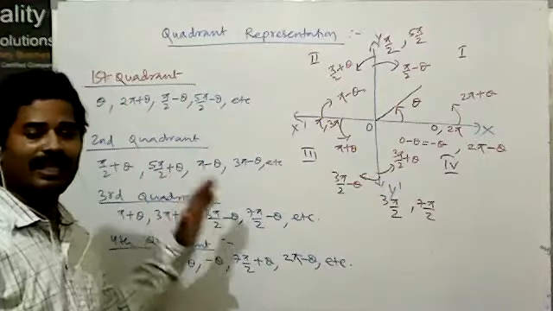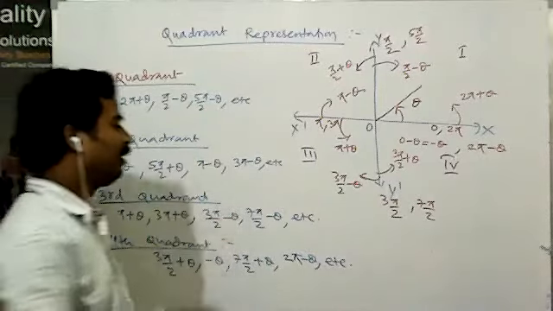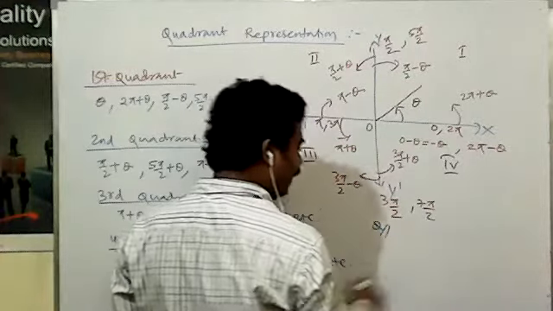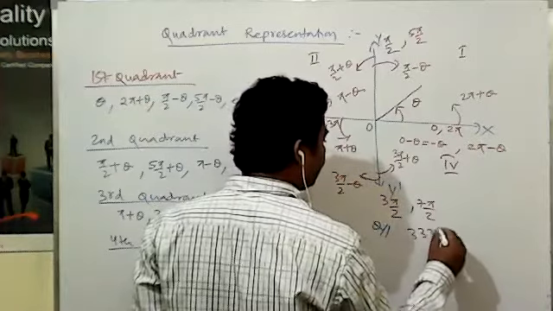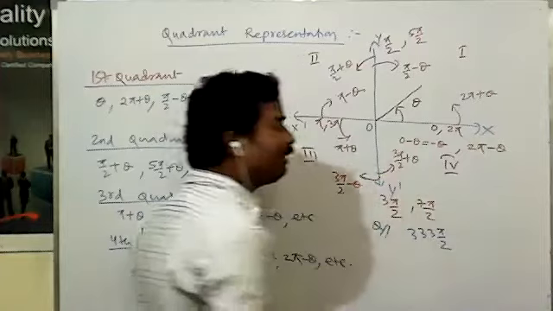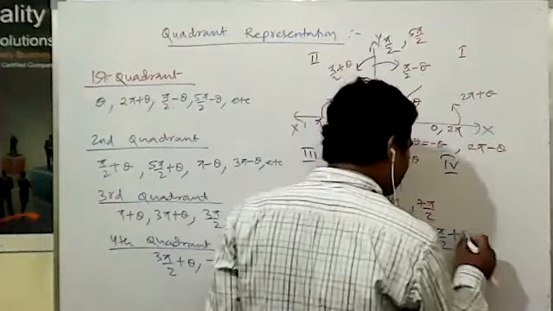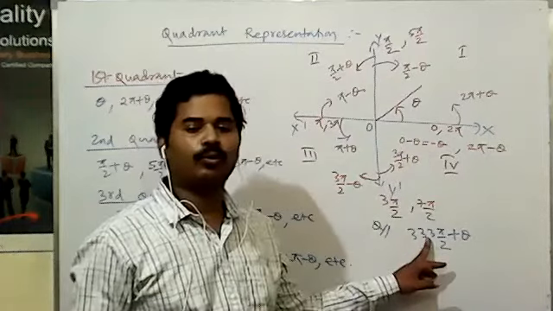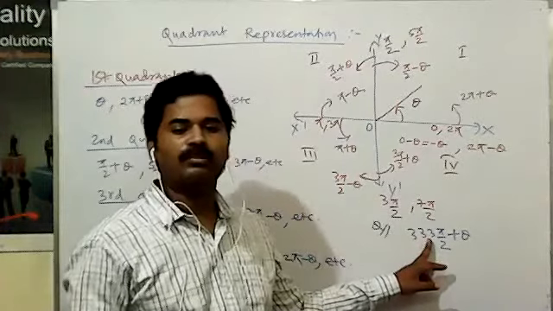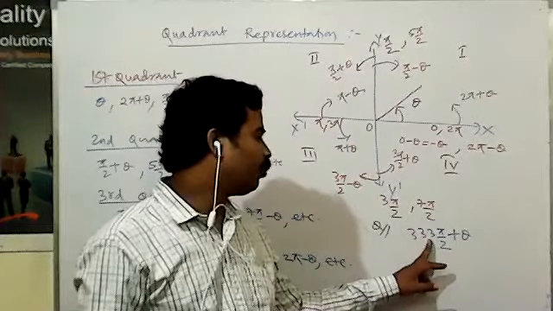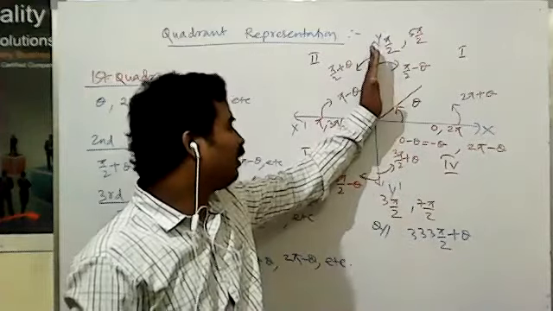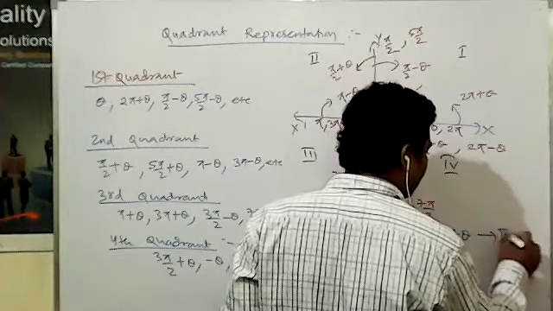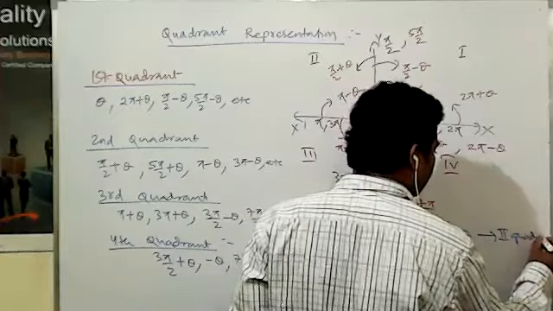Then how can we say in which quadrant the angle is? Just think about one question: 33 pi by 2 plus theta is in which quadrant? Here 33 divided by 4 gives remainder 1. If the remainder is 1, this is the pi by 2 format, plus theta, so it will come in the second quadrant.